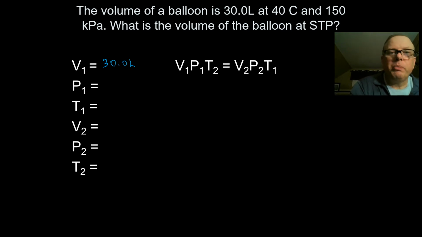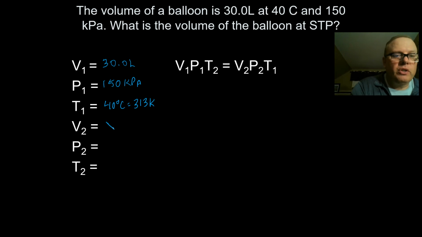P1 is going to be 150 kilopascals. T1 is going to be 40 degrees Celsius, and that 40 degrees Celsius is equal to 313 Kelvin. V2 is the thing we're trying to find, so that's our X.